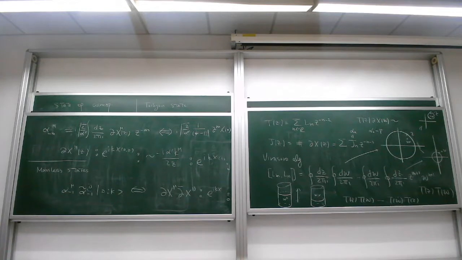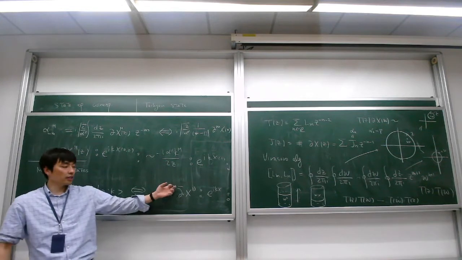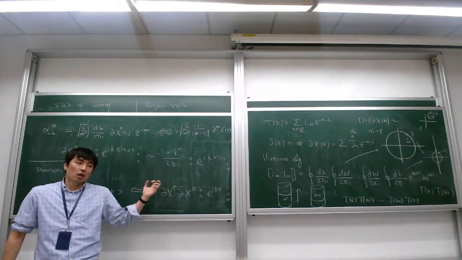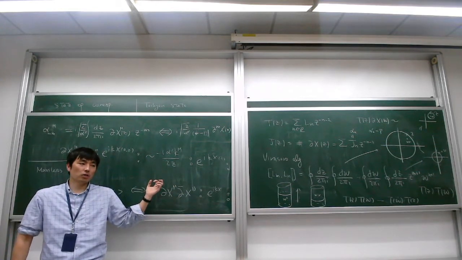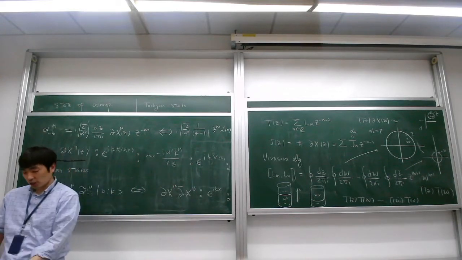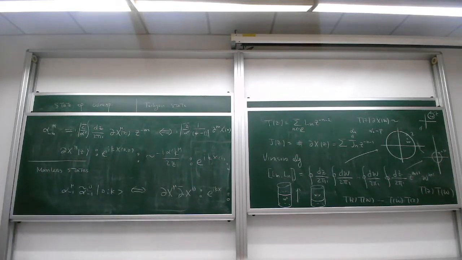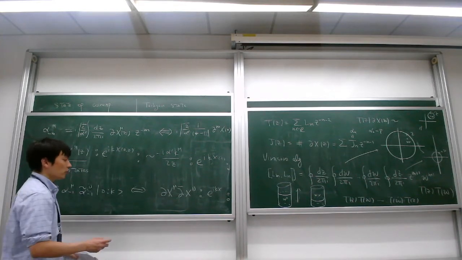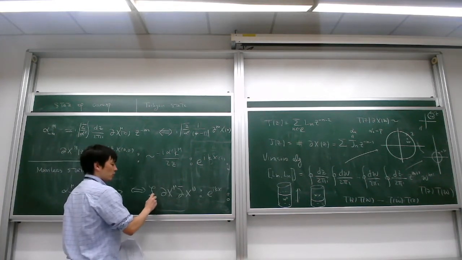And then to extract the modes, for the graviton, you just take the symmetric part. To get the B field, you take the anti-symmetric part, and you just take the trace to get the dilaton field. So to do the operation, you just multiply some polarization vector.